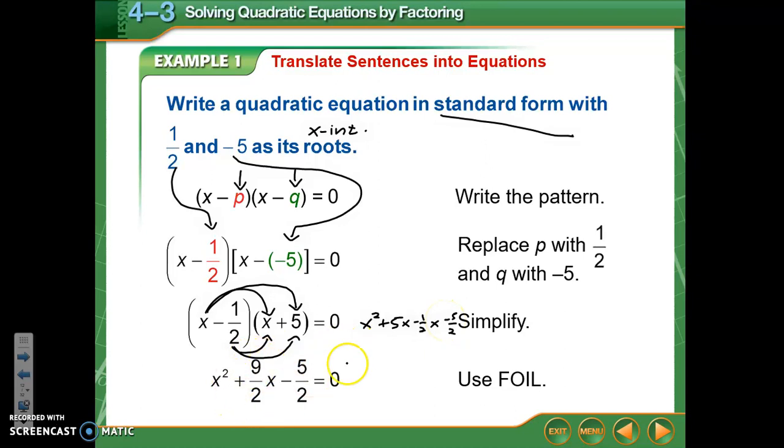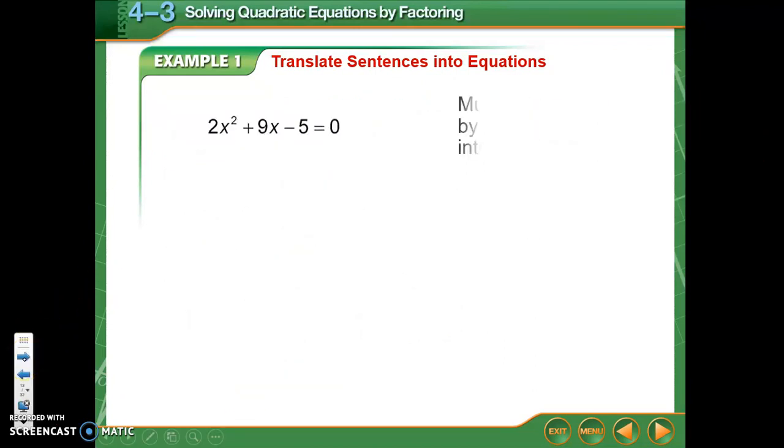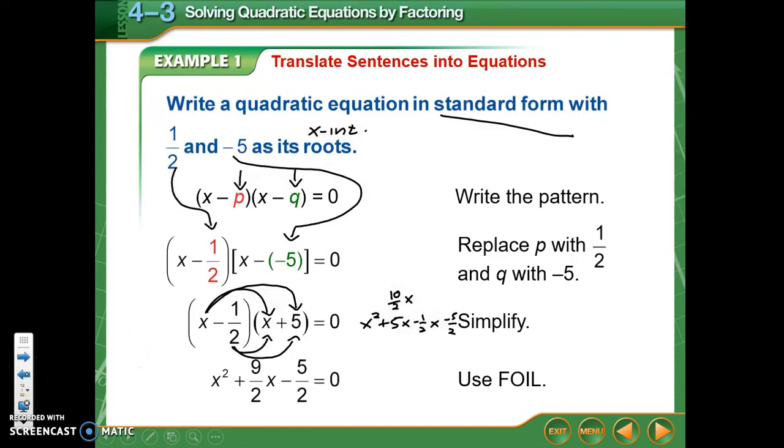So what they've done here is they've already added 5x minus 1/2 x. Remember that 5x is 10 over 2 x. So 10 halves minus 1/2 is 9 halves. That's how we got that fraction. And then what they're going to do, let me actually show it to you back here on the previous slide. In standard form, we usually want a, b, and c to be integers. So I want to clear out these fractions. So I'm going to multiply both sides of my equation by 2.